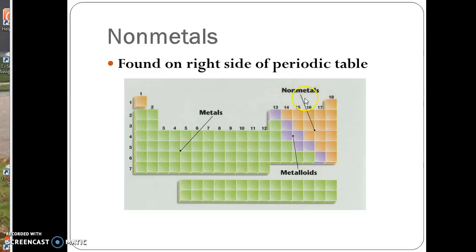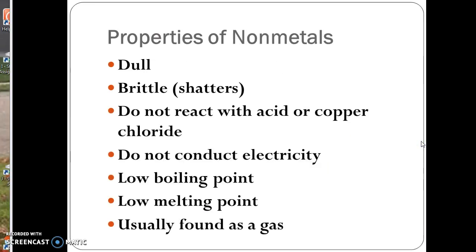The properties of nonmetals are pretty much the exact opposite of the properties of the metals. So let's list them on the top of your sheet as well. Nonmetals, instead of being shiny like a metal, they're dull. They're going to be brittle. So if you hit them with a hammer, they'll break, they'll shatter into smaller pieces.